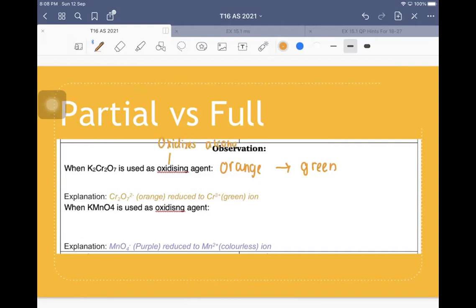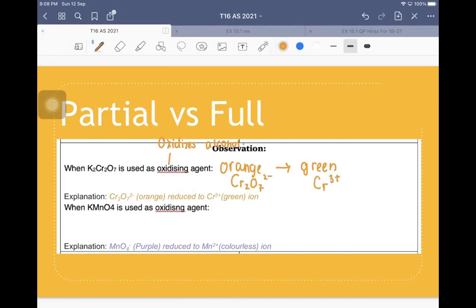I don't know if you have learned about oxidizing agents, but when an oxidizing agent oxidizes another species, the oxidizing agent itself gets reduced. So it oxidizes another species while itself is getting reduced. Here's what happens to potassium dichromate. It gets reduced from Cr2O7 2- into chromium 3+.